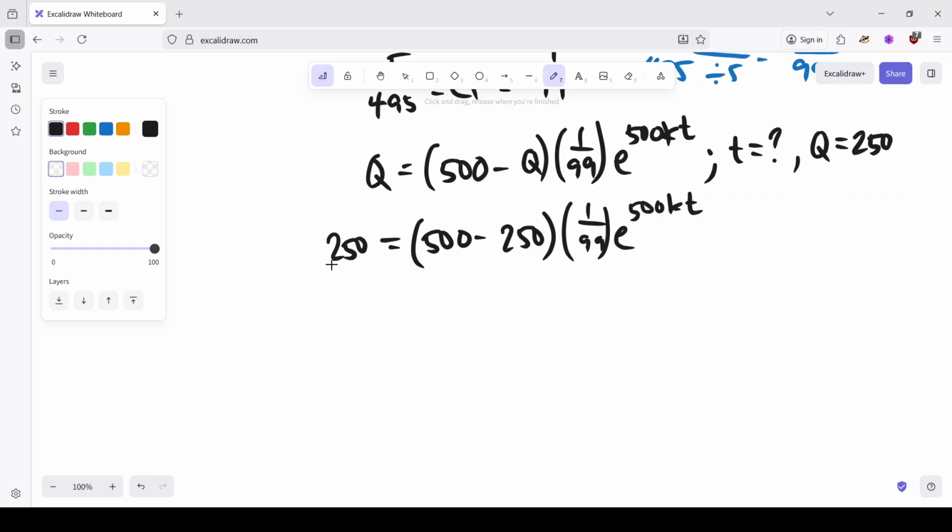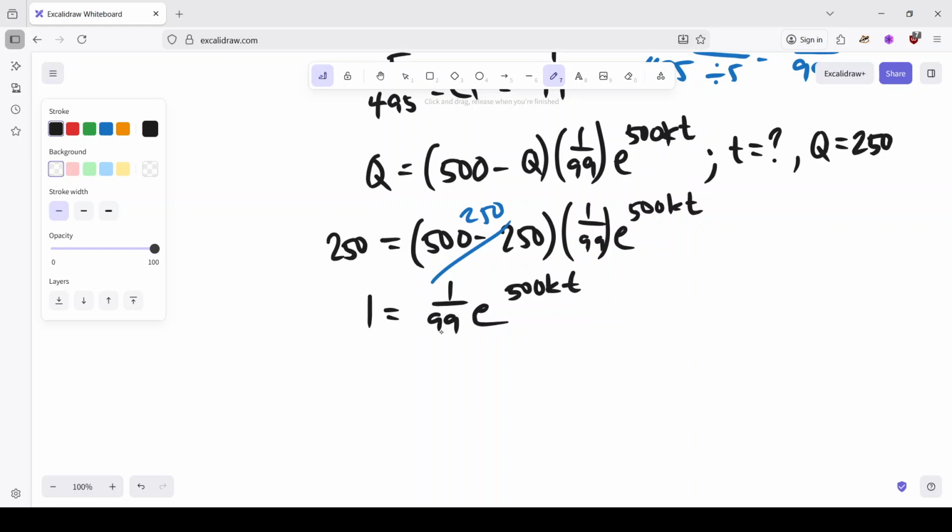Then, divide natin sa kabilang side. So, 250 over 250 will be 1. So, 1 is equal to 1 over 99 e raised to 500 kt.